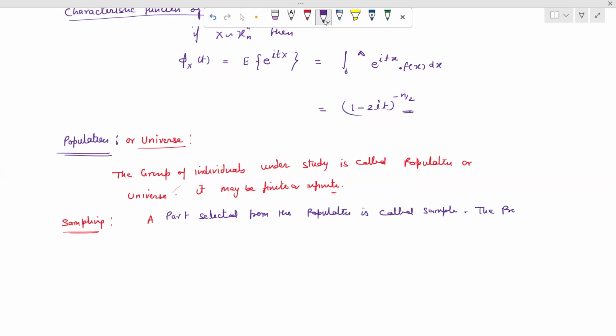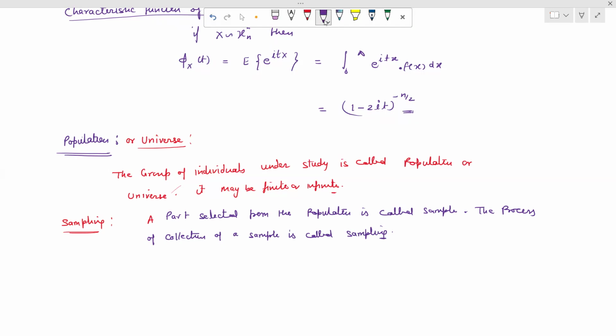And the process of collection of a sample is called sampling. अब सैम्पलिंग के भी कई तरीके होते हैं, that means random sampling, stratified sampling, cluster sampling.